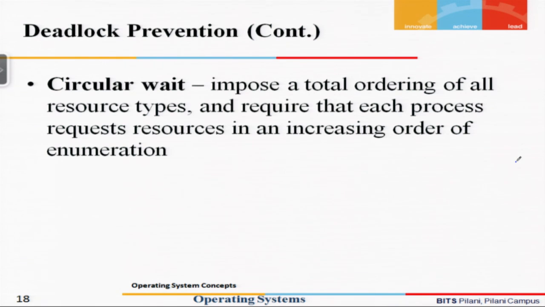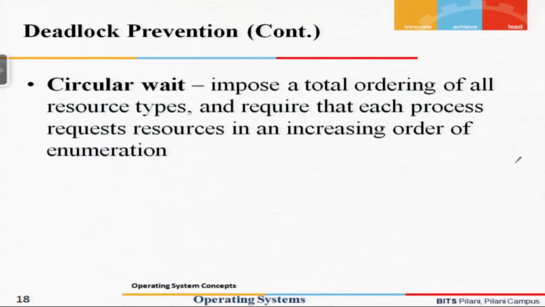Finally, out of the four conditions, we find that we are unable to relax three of them. So now let us look at the last condition, and that is circular wait. One of the proposed protocols was to impose a total ordering of all resource types.